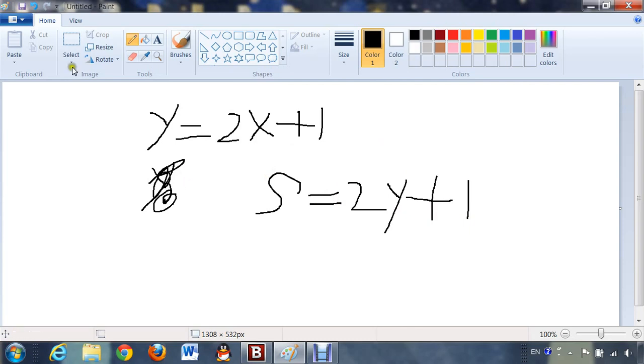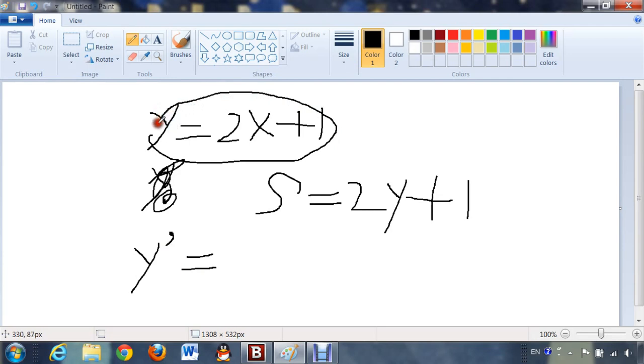So those are functions. And as you know, when you're taking the derivative of a function y, you write y prime, right? And here the derivative of this is just going to be 2. So this is the derivative of this function.